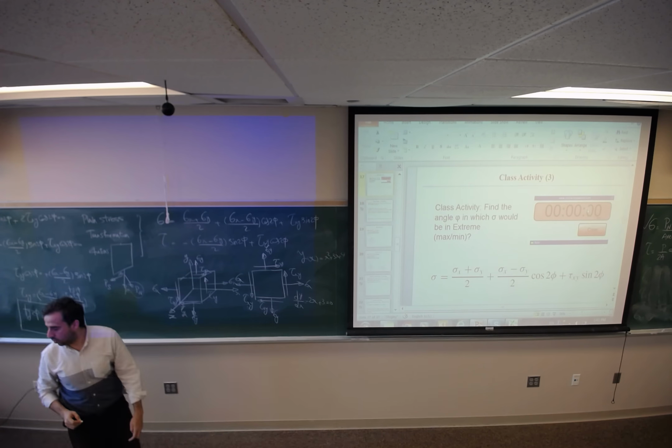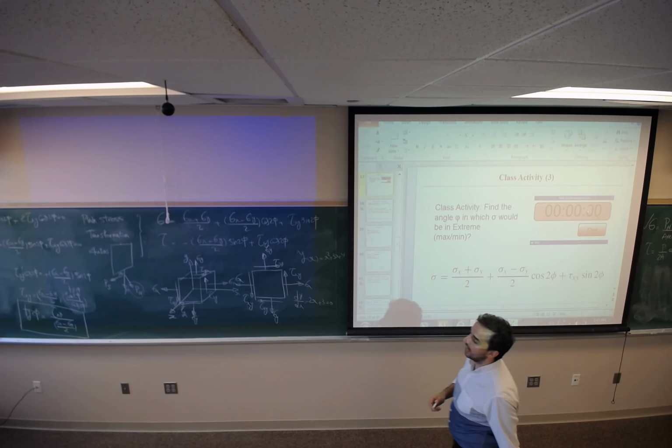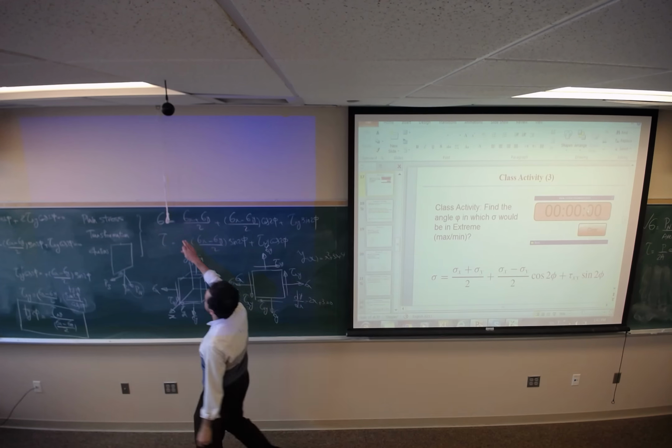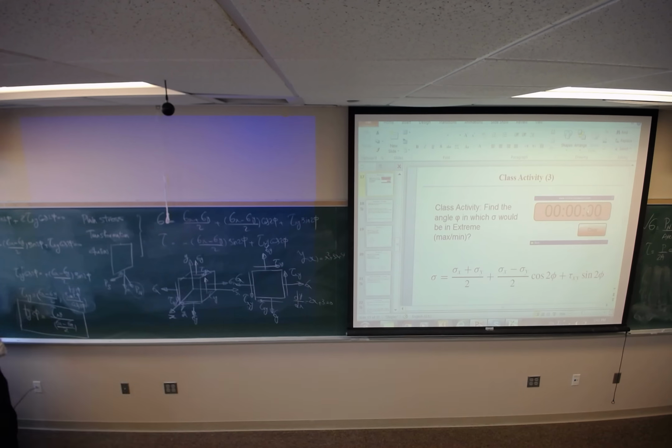So any angle which has this tangent of 2 phi is going to give me the extreme value for sigma. Why? Because I set the derivative of sigma with respect to phi equal to 0, I solved for that angle, and I got this equation.